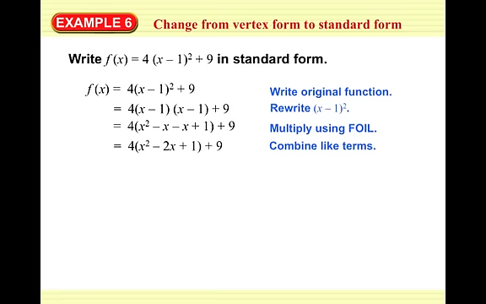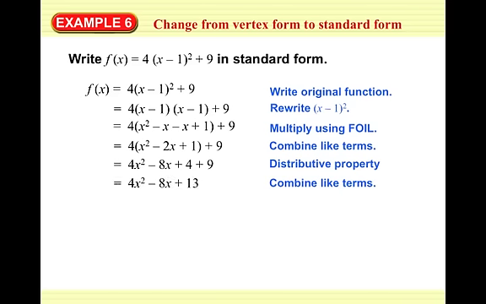We're going to distribute the 4 to everything inside the parentheses, and so we get 4x squared minus 8x plus 4, and then we add 9 at the end, and we end up with 4x squared minus 8x plus 13, and that is our function in standard form. It's in ax squared plus bx plus c form. You've got y equals 4x squared minus 8x plus 13.